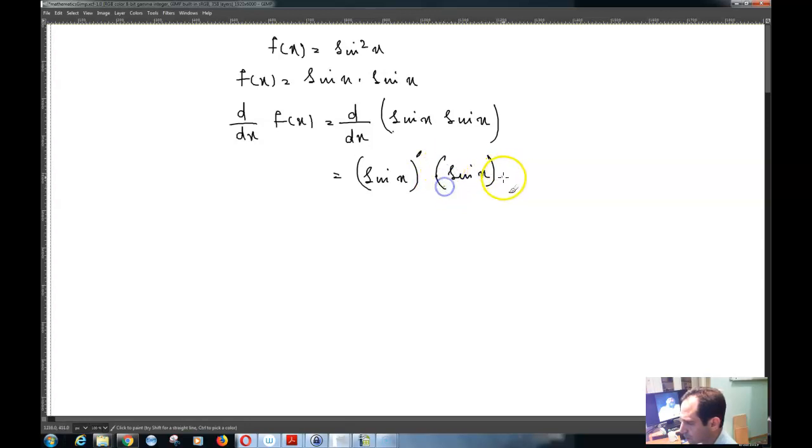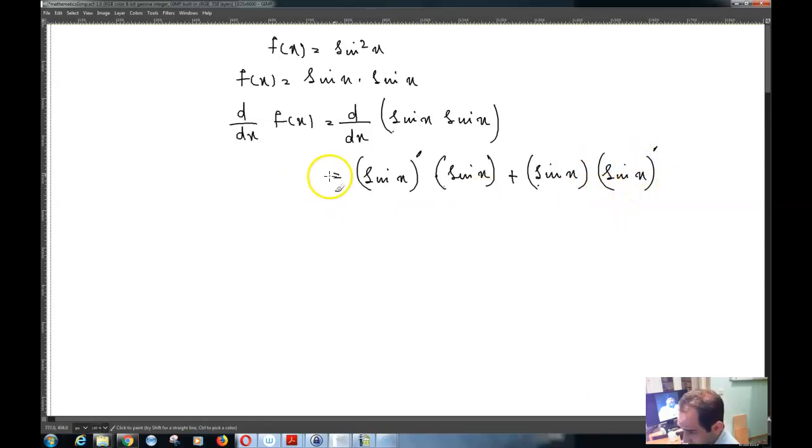I write it this way, and then you add that to this first function times the derivative of the second function, which is sine x prime.